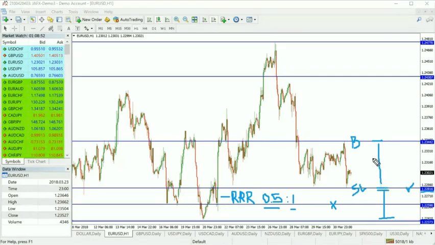We have a significant stop loss, and if this market decides to break off this level, we could be looking for this market to push up to the 24.30 level. So as you can see, that has the potential to give you a considerable risk reward ratio on this particular trade.